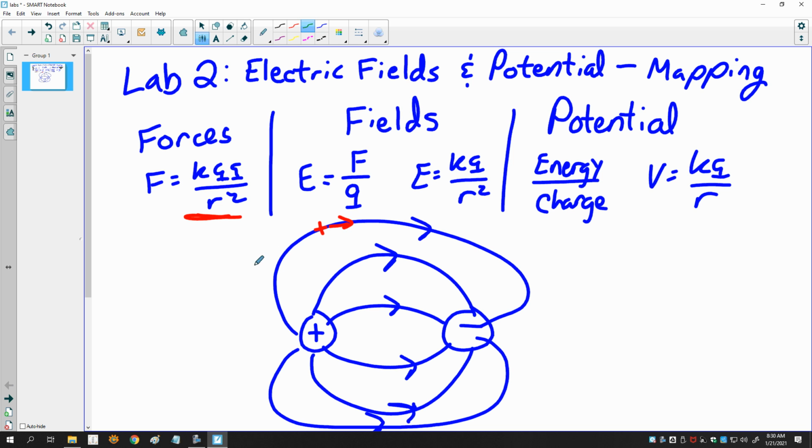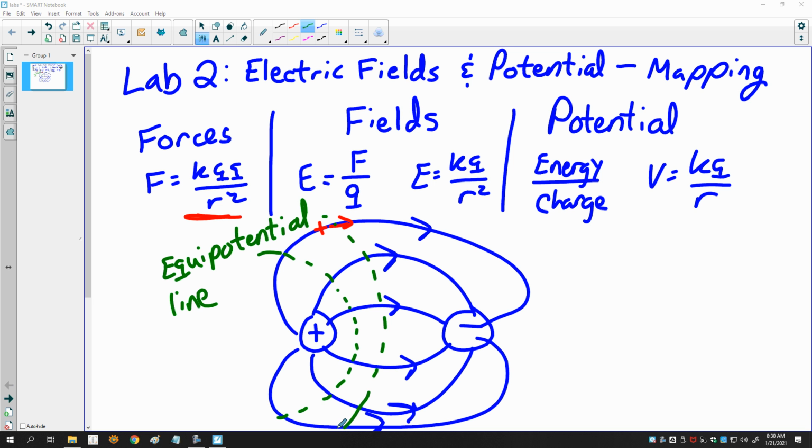In that lab, we also talked about equal potential lines. Equal potential lines are lines that are perpendicular to the field lines. This is an equal potential line. So for example, let's say that this equal potential line has a potential of 10 volts.